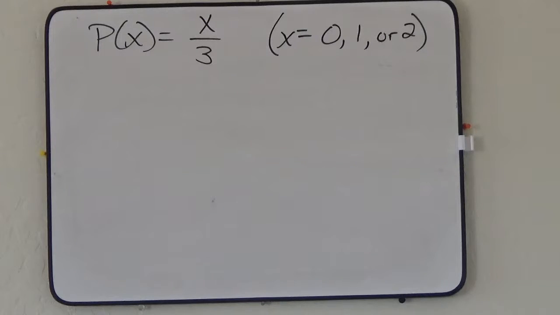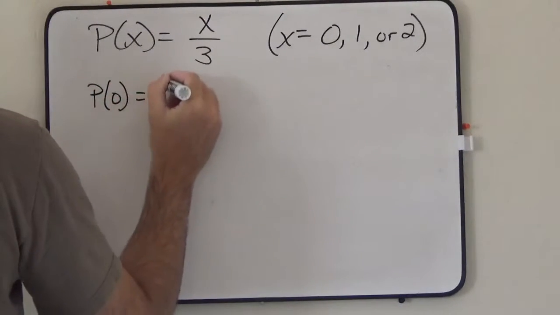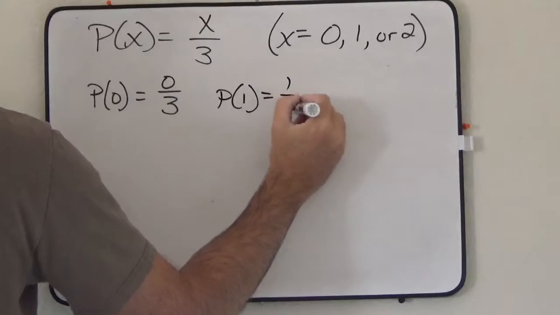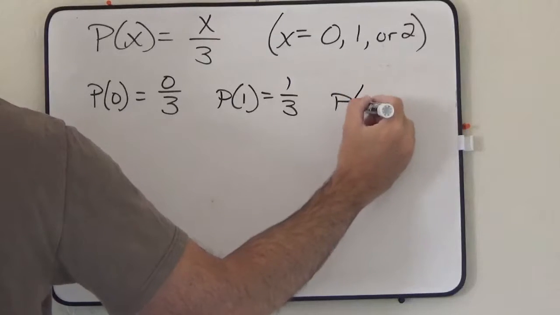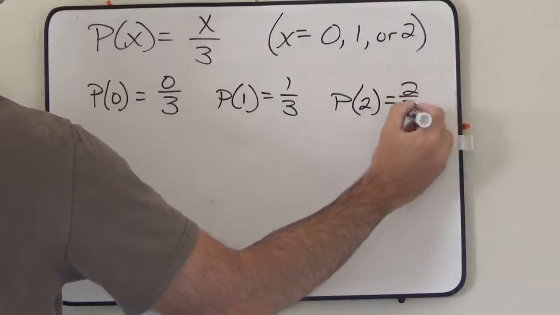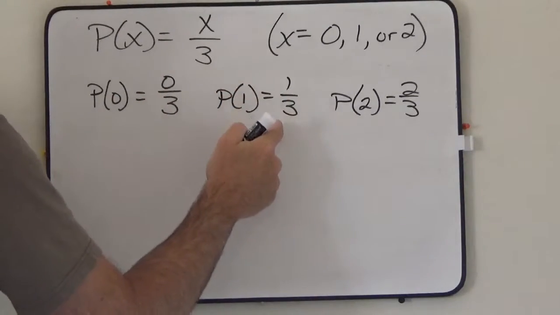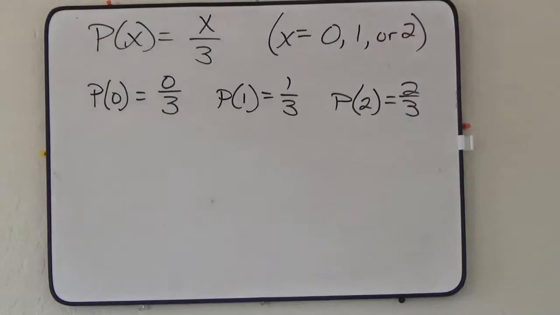Well, first thing I want to determine is whether or not it's numerical, right? The probability of 0 is 0 over 3. The probability of 1 is 1 over 3. And the probability of 2 is 2 over 3. This would give me 0 as an answer, this would give me a decimal answer, this would give me a decimal answer. They're all numerical, so therefore, so far it passes probability distribution.